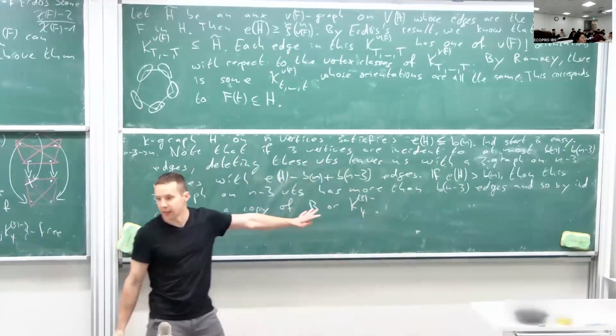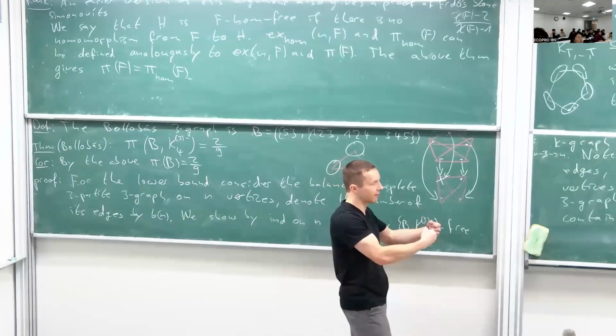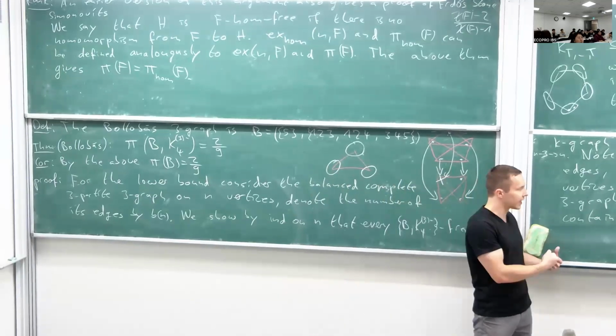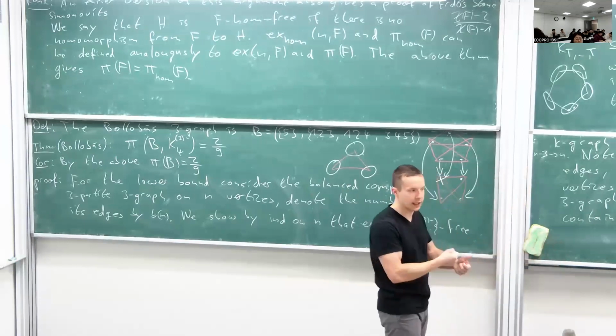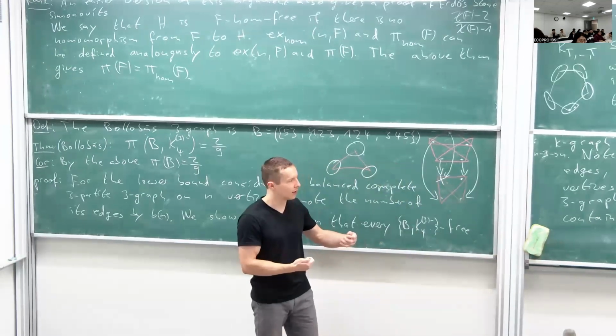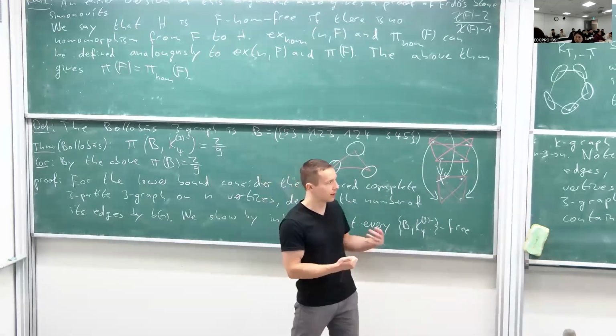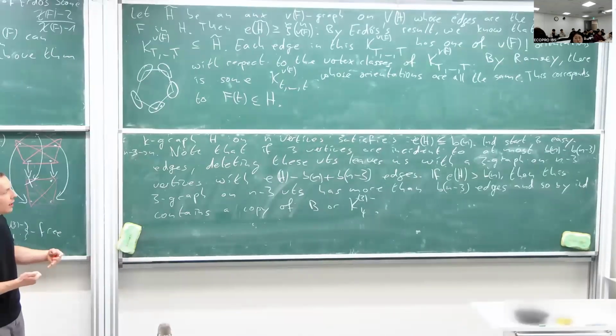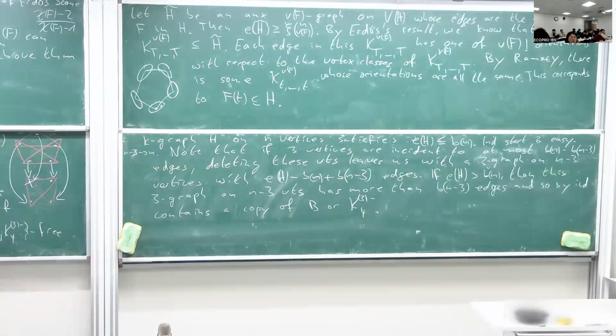Okay, so this part is clear. If we have some vertices which are incident to few edges, we delete these and apply induction to the remaining 3-graph. This is a general argument that we can do. So we will see after this, in some small observation, that we can basically always assume that we have some minimum degree condition.